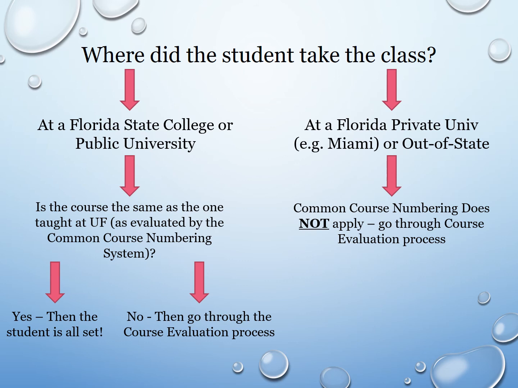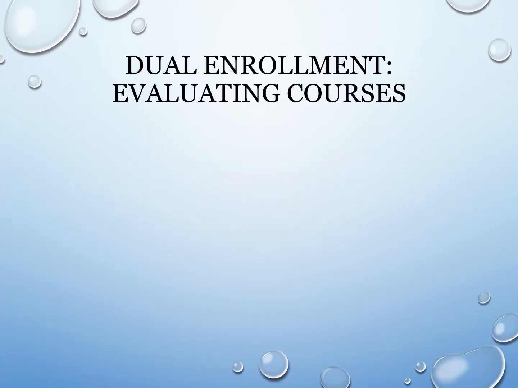We're going to have to go through the course evaluation process in this situation if the student answers Florida Private University or out of state. So let's actually get into how we evaluate the courses, as we've been talking about on the past few slides. What do we do if a student is bringing in credit from one of those three scenarios that we just discussed?